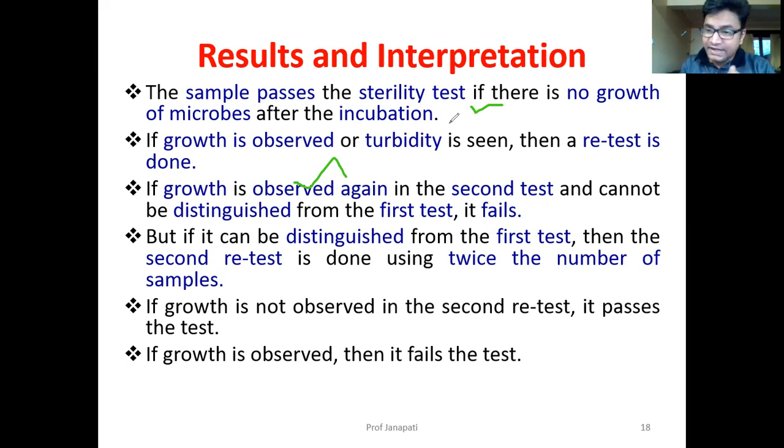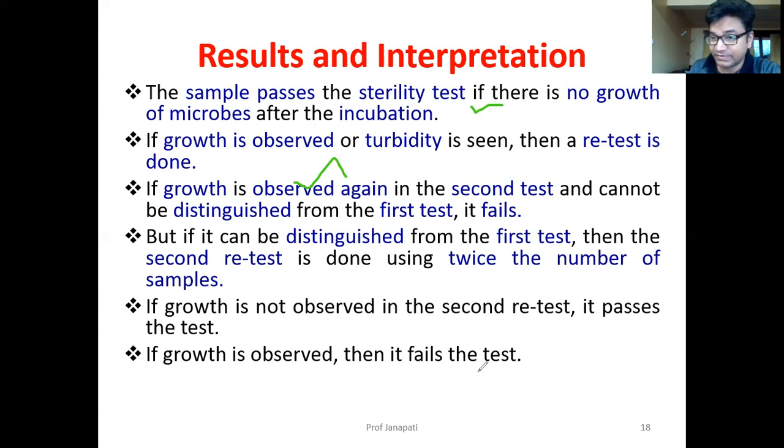If you can distinguish it, generally it will be less. Then you retest with twice the number of samples. If growth is not observed in the second retest, it passes. If growth is observed, then the test is failed.